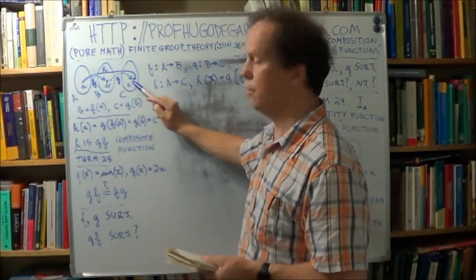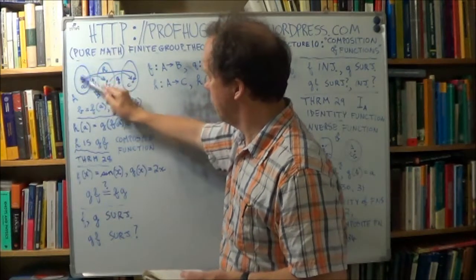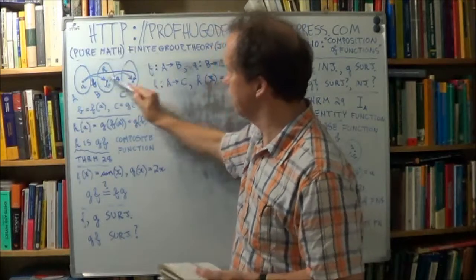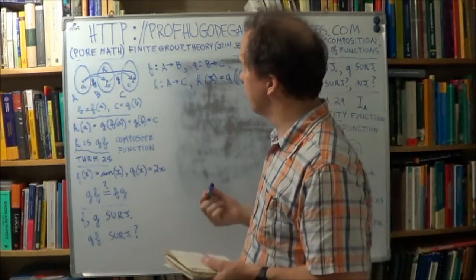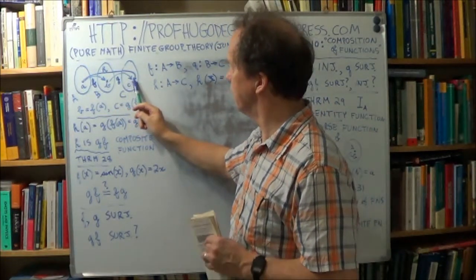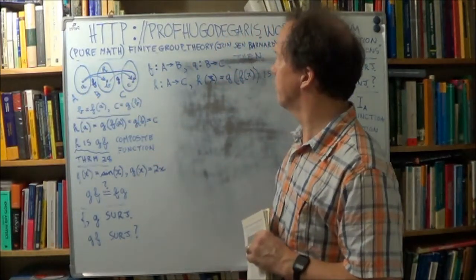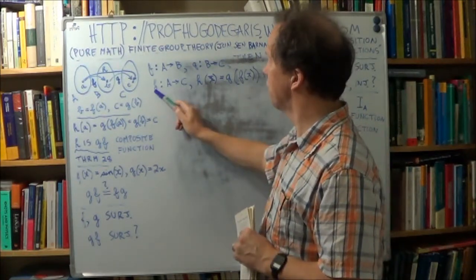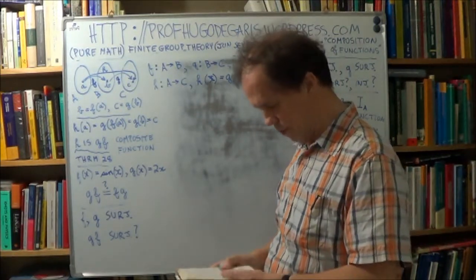F maps all of these to this set, and g maps all of these to this set, because f and g are both properly defined functions. So this element here is unique given this one. So you've satisfied the properties of a function. h has the properties of a function. Hope you followed that.